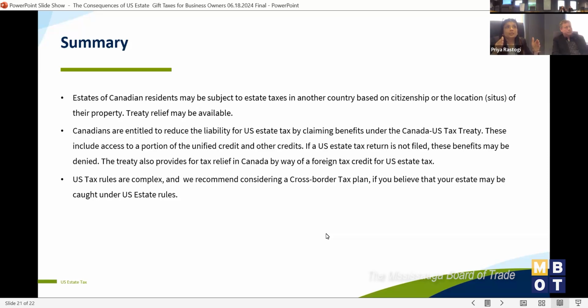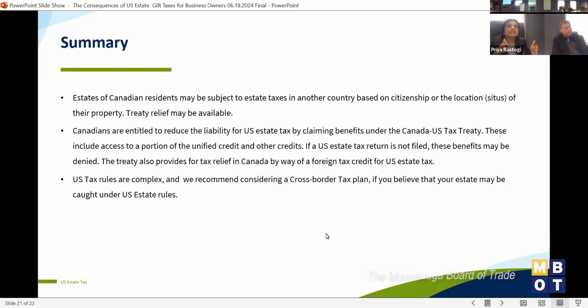Canadians are entitled to reduce their US estate tax by claiming the benefits under the Canada-US tax treaty. But remember, you can only claim the treaty benefits if you are filing the return on time and making the payment on time. If the return is not filed on time, as I mentioned before, the treaty benefits are denied.